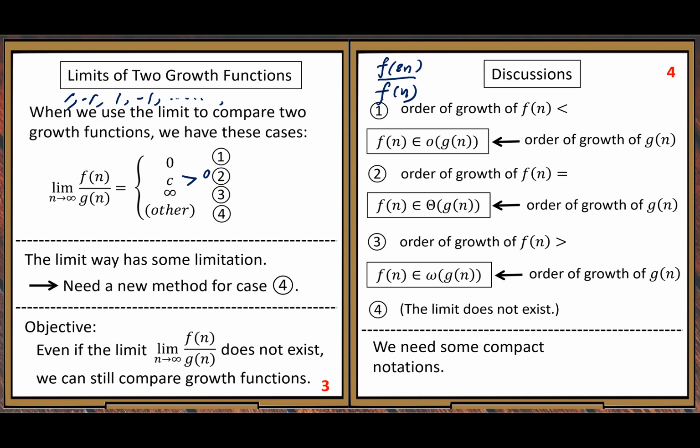In math, we like to understand the meaning of each notation really precisely. This object in math is a set concept. You know the set concept, right? So that one is a set.